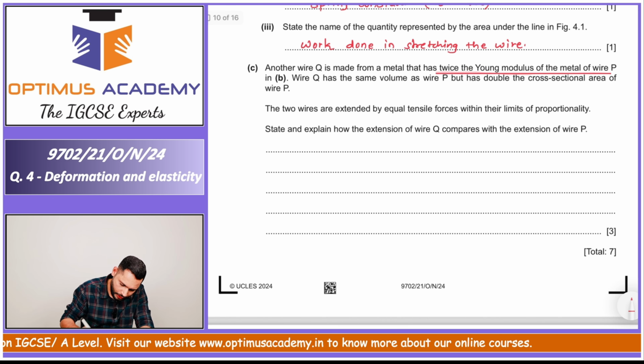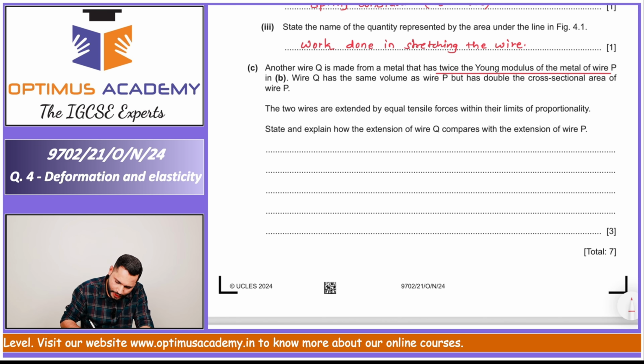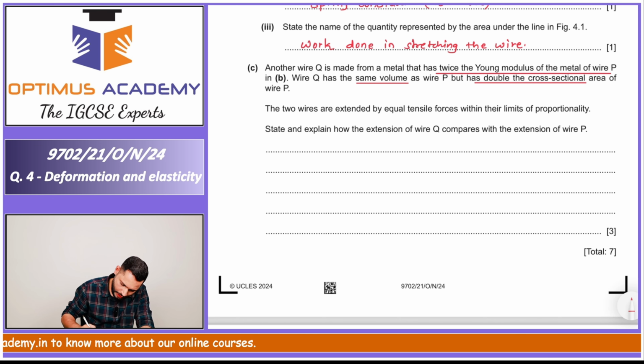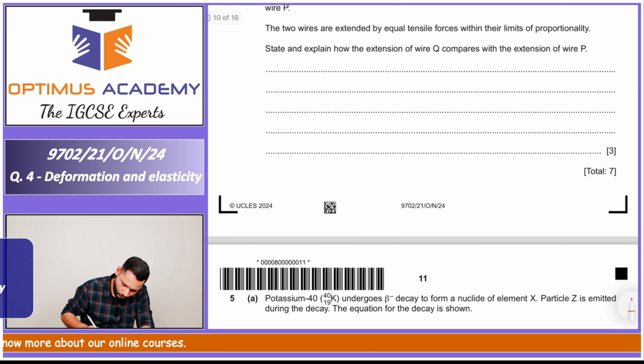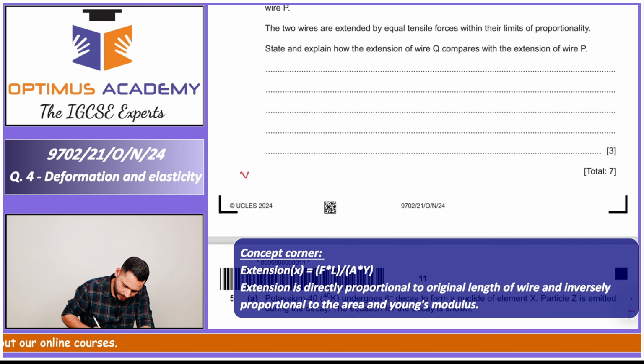Next, another wire Q is made from the same metal, has twice the Young's modulus of the metal wire P. In B, wire Q has the same volume as wire P but has double the cross-sectional area of the wire. Now, what is the formula for volume? The formula for volume is area into length. So if you double the area to keep volume the same, you will have to divide length by 2.